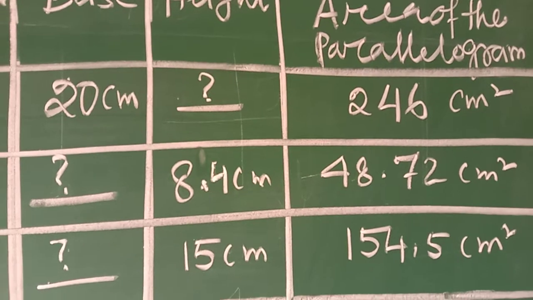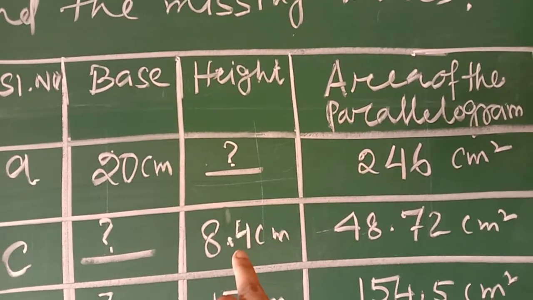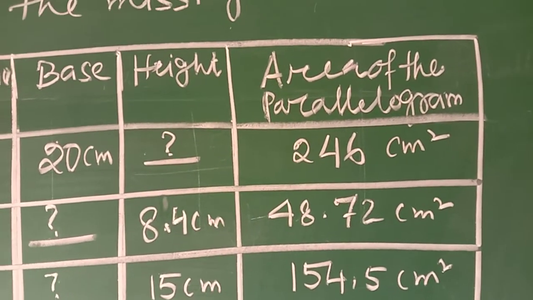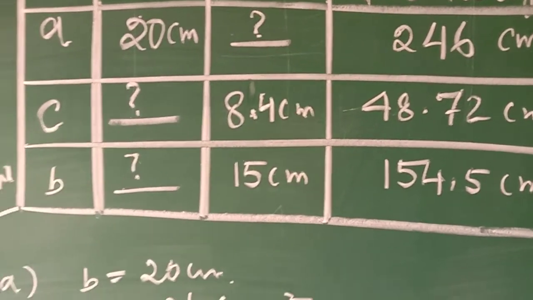Next question is question number C. Height is given 8.4 and area is given 48.72. So do this one as you know how to do. I am doing on this side only.